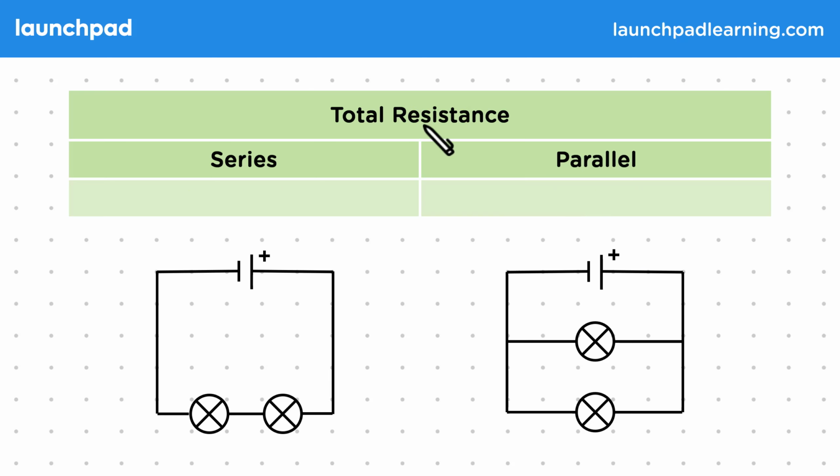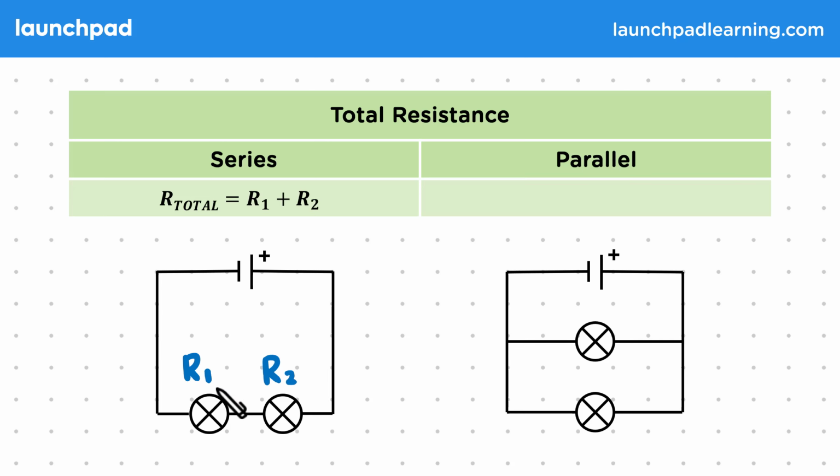Now for how we would find the total resistance in series and parallel. In series, if one lamp has a resistance of R1 and the other a resistance of R2, then their total is R1 plus R2. Charge carriers have to pass through both components, so we have to add their resistances together.